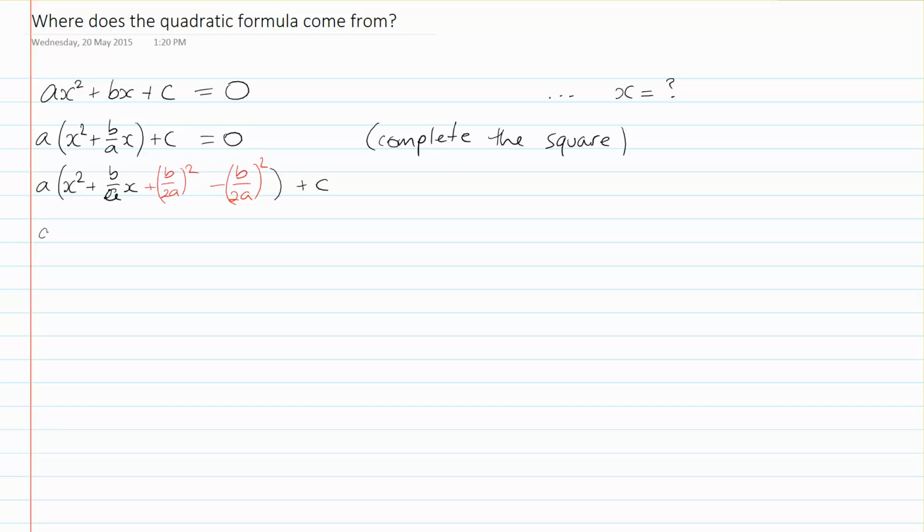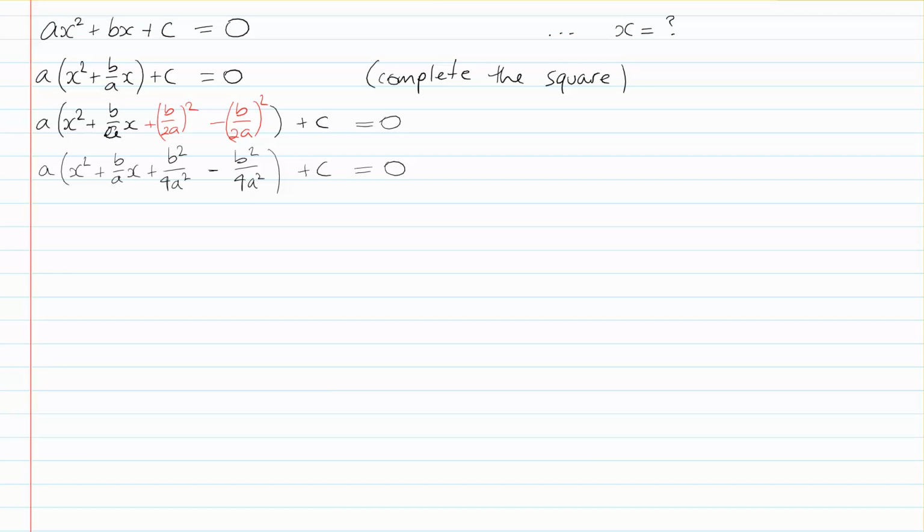Now we have a x squared plus b over a x plus b squared over 4a squared minus b squared over 4a squared. I've just expanded that out, plus c. And that should be equal to 0. My apologies. Next step, I'm going to factorise those first three terms.